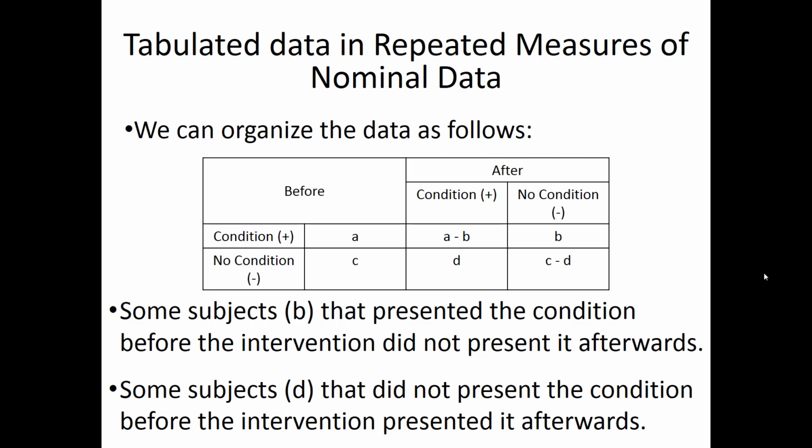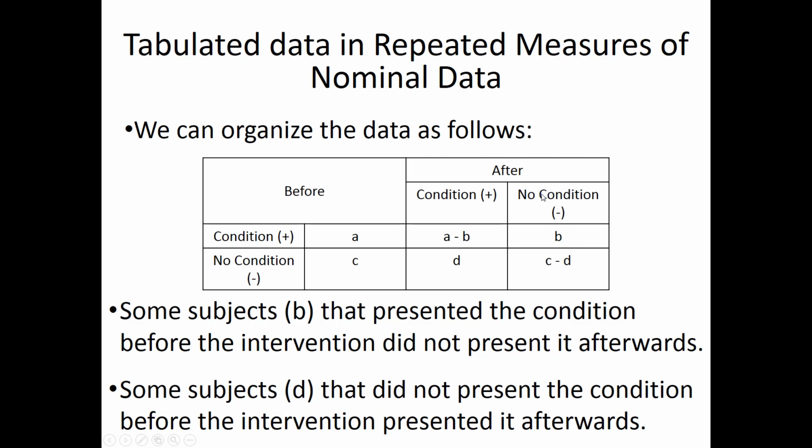We can organize the data as follows, where we have a condition or proportion before, in which so many subjects have the condition and so many subjects do not have the condition. After the intervention, of those that had the condition previously, there will be some remaining that still have the condition and some that no longer have the condition.